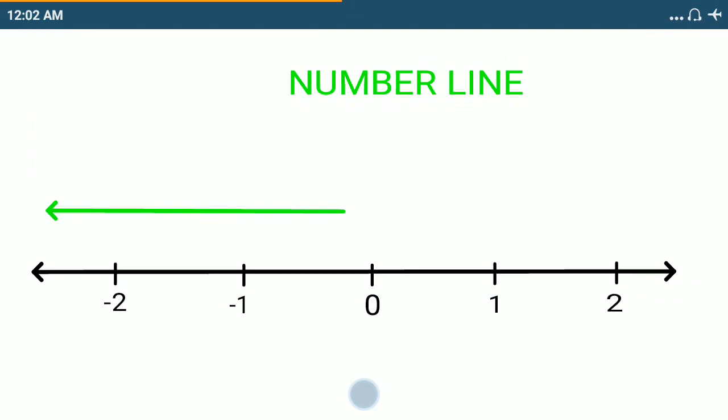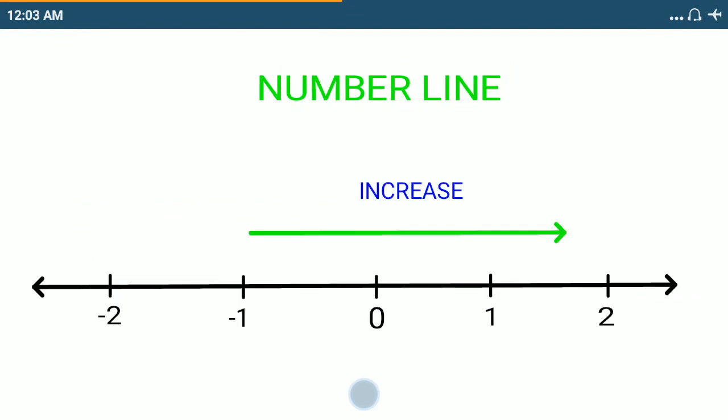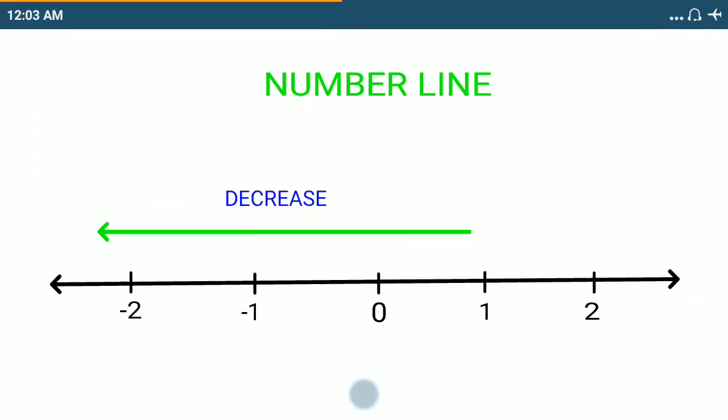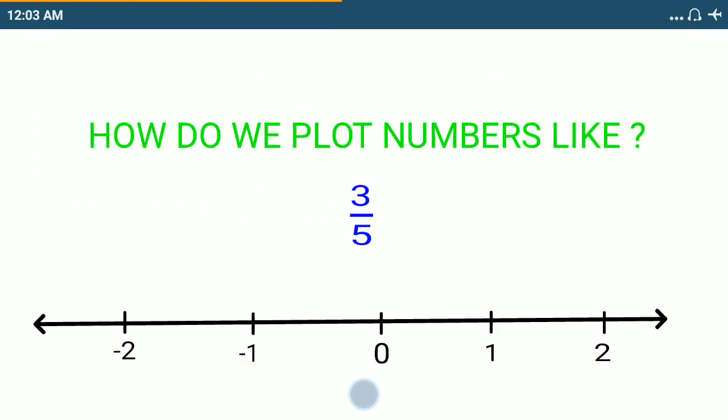The numbers increase when we move towards the right and decrease when we move towards the left. Students, it's easy to plot integers, but how do we plot numbers like 3 by 5?